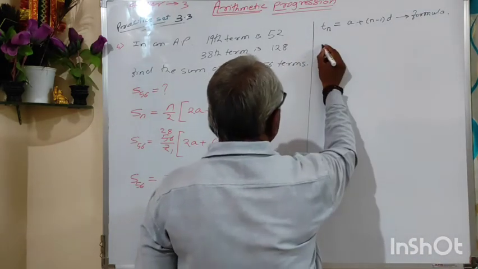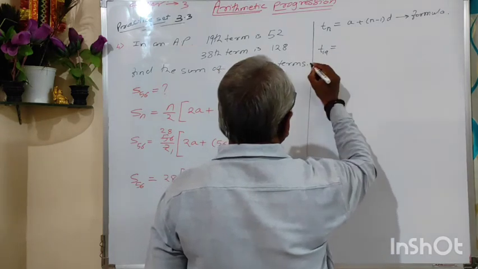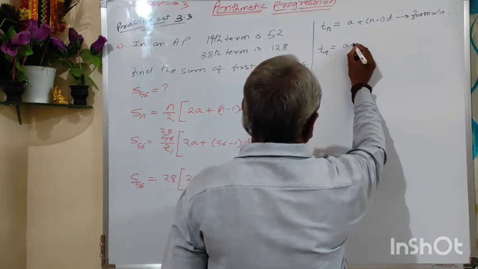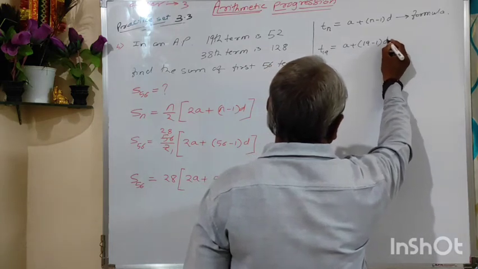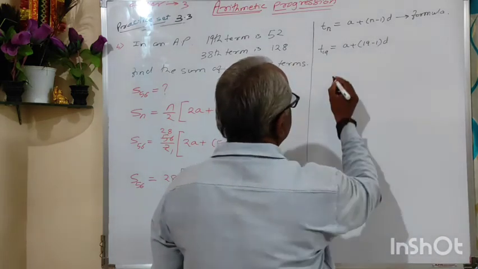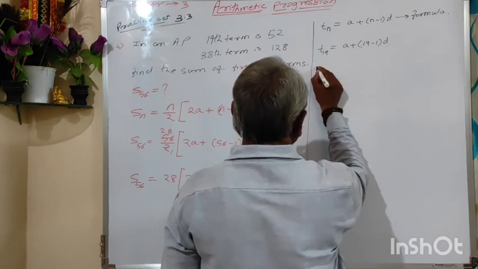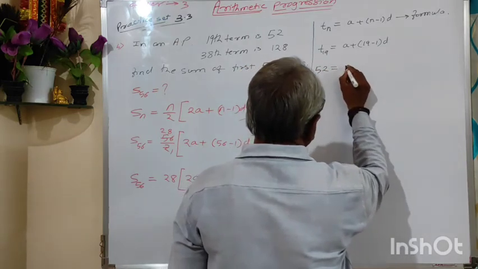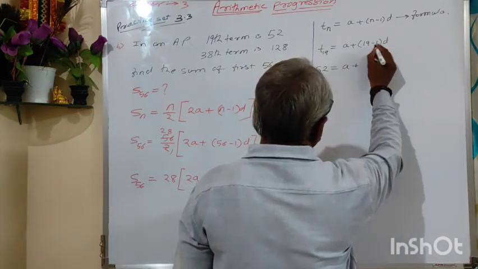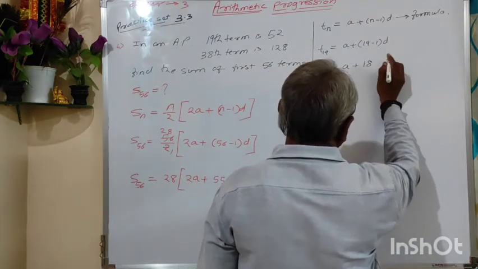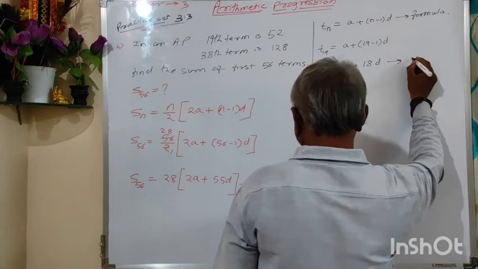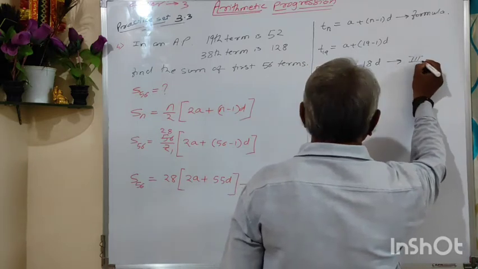Now T19 is equal to A plus in bracket 19 minus 1 into D. T19 we know is 52, which is equal to A plus 19 minus 1 is 18D. This is equation number 3 we can say.